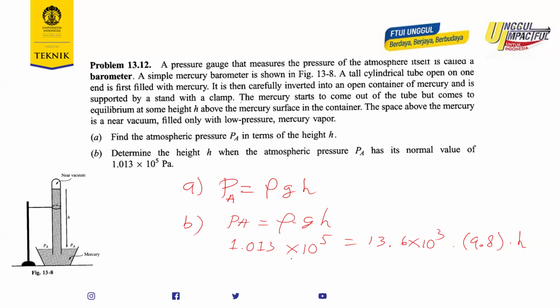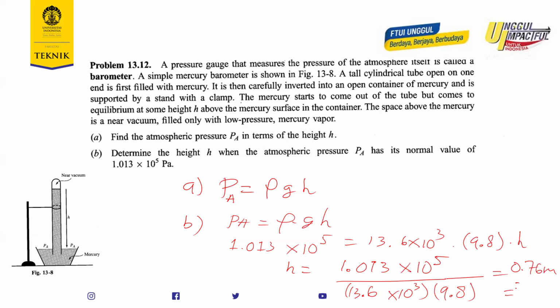Okay, so we can calculate H here by dividing 1.013 times 10 to the power 5 by 13.6 times 10 to the power 3 times 9.8. So the value is around 0.776 meters.